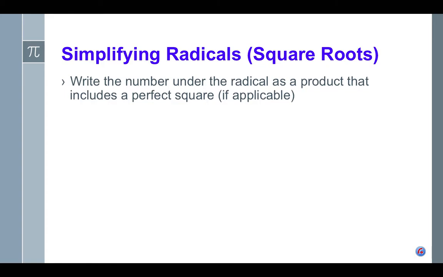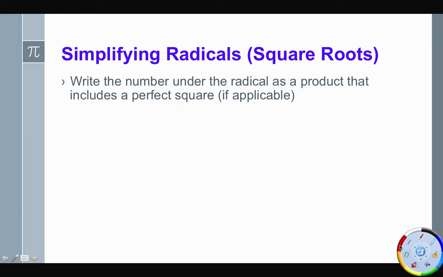Your perfect squares, if you recall, are numbers that are easily square rooted. Our perfect squares are going to be 1, 4, 9, 16, 25, and so on and so forth. These are the squares of the counting numbers: 1 squared, 2 squared, 3 squared, 4 squared, 5 squared, and so on.